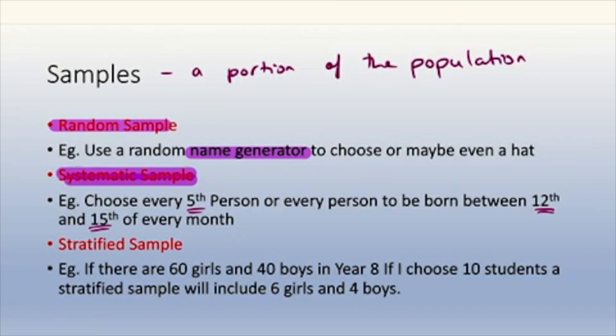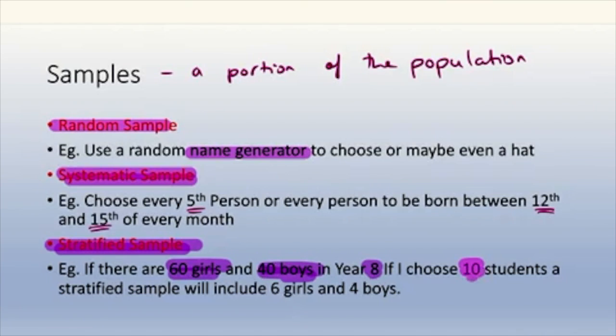So it's systematic. And the last one is a stratified sample. Now, a stratified sample is like a ratio. So, for example, if there are 60 girls and 40 boys in year 8, and I choose 10 students, I will choose 6 girls and 4 boys. So I can't choose more boys than girls.